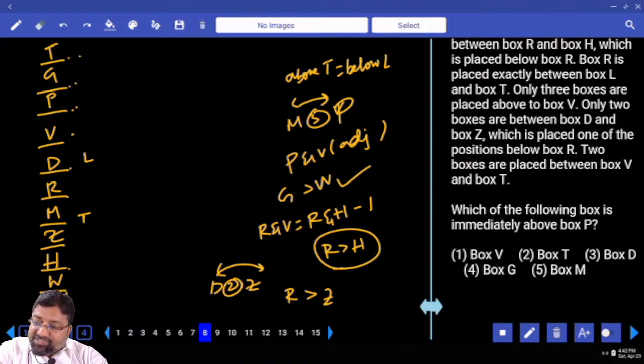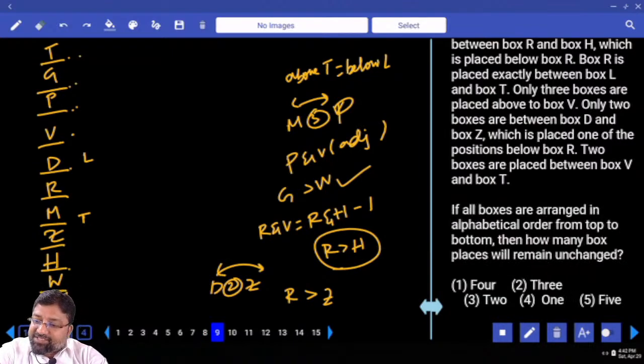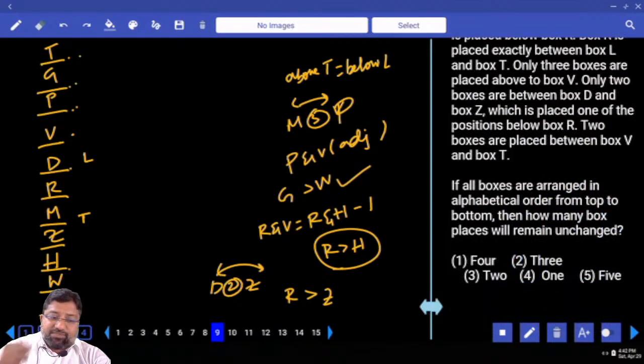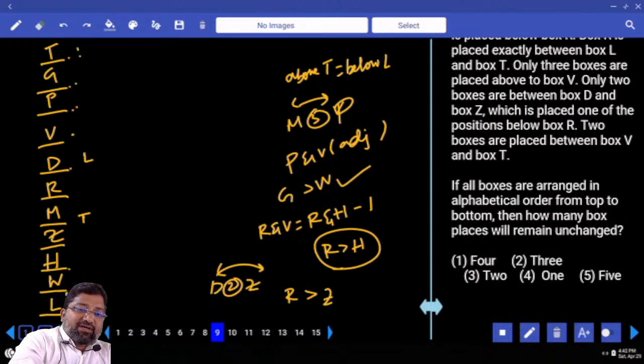Which of the following boxes is immediately above P? C. If all the boxes are arranged in alphabetical order from top to bottom, how many boxes will remain unchanged? Now you are supposed to arrange all this in alphabetical order, from top to bottom. Do you see A, B, C? No. D? Yes. E? No. F?